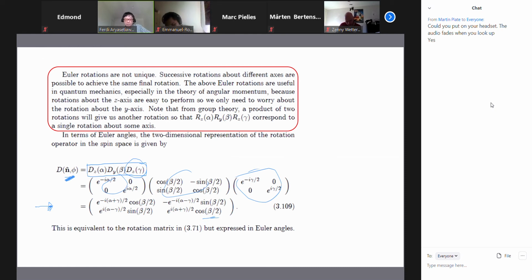So they're well defined. What is not well defined is the choice of the axes. We could have chosen a different set of rotations instead of z, y, and z, a different path so to speak, and gotten the same rotation in the end. The reason that we choose this is because we choose the z-axis to define our basis vectors.